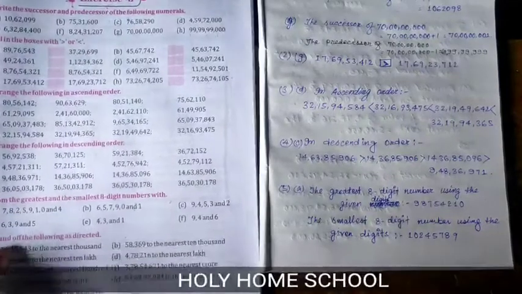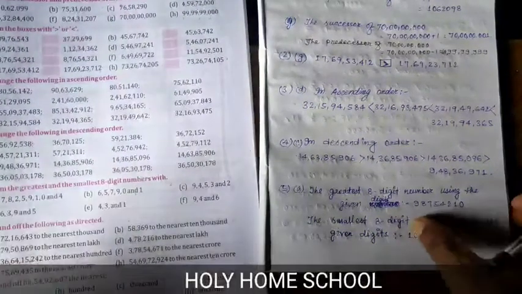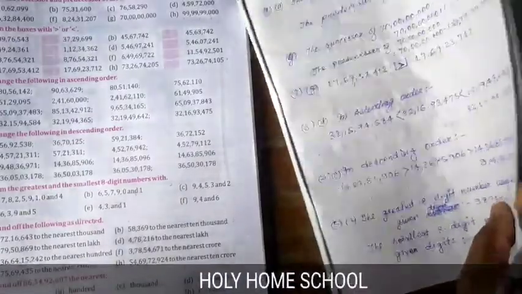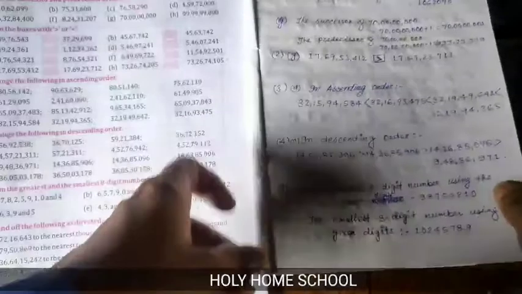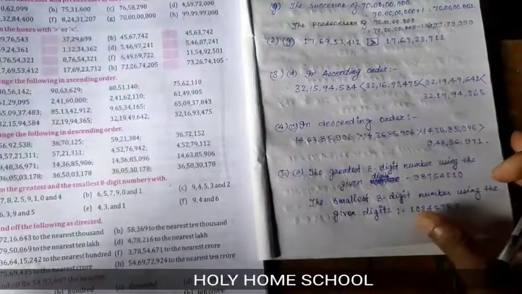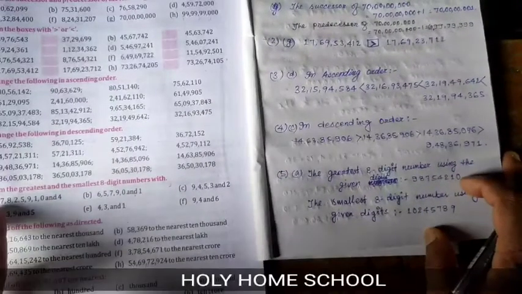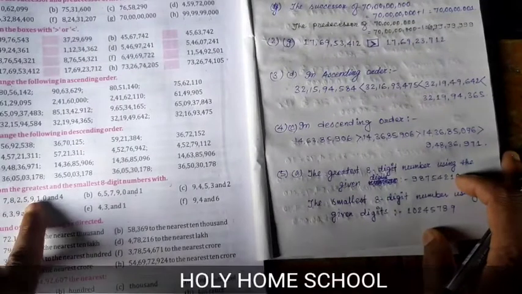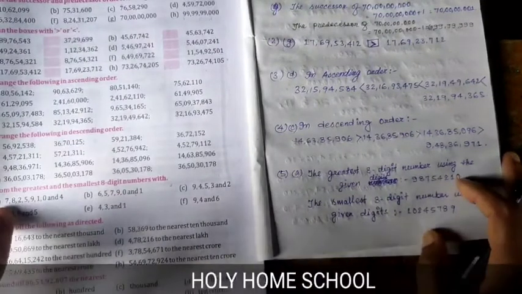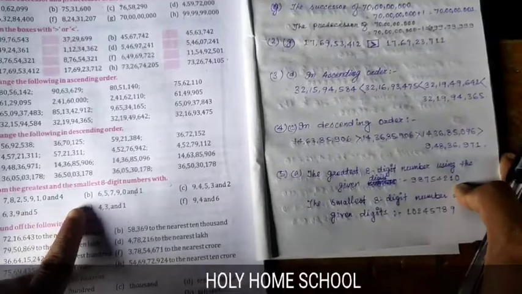Form the greatest and the smallest 8-digit numbers. Greatest 8-digit number. See, here in A there are 8 digits given.